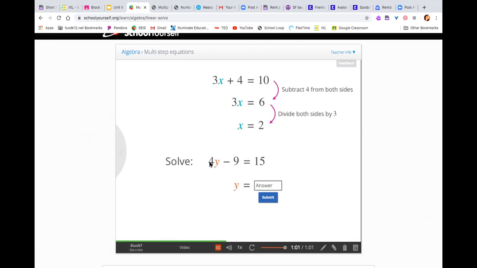So this says 4 times y. So do we want plus 9 on both sides? Because we have to do order of operations backwards, right?